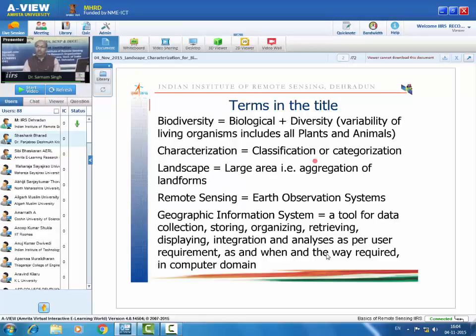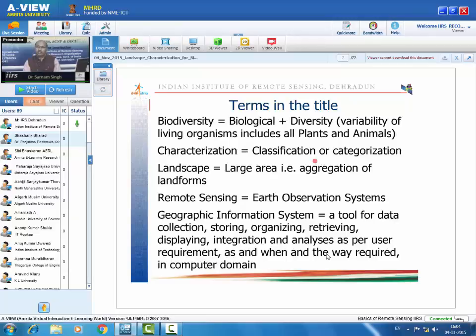Therefore, characterization means the classification of these forests based on value in terms of density, forest types, economic importance, endemic species, and the variability found in that forest type. There are various aspects, and we will be covering that part also.